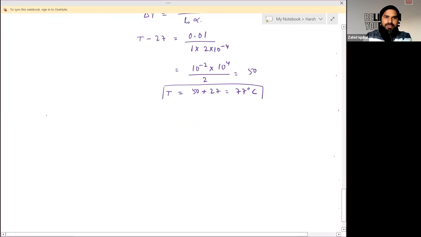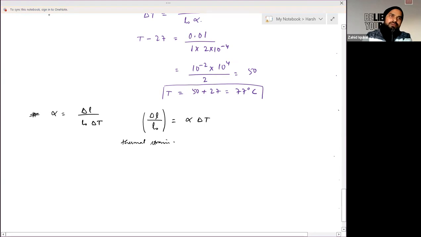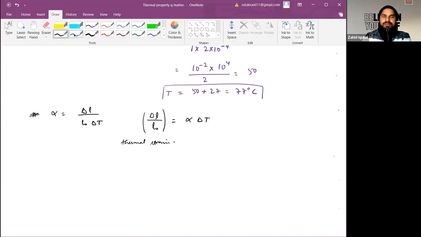Next, alpha equals delta L divided by L naught delta T, so you may write delta L divided by L naught equals alpha times delta T. This quantity, the change in length with respect to its original length, is also called strain. Since in this expression it is due to change in temperature, we call it thermal strain. So you may be asked to calculate thermal strain, which equals alpha times delta T.